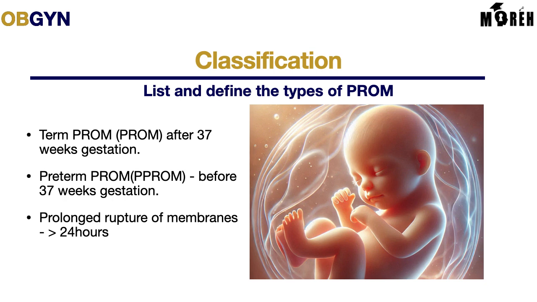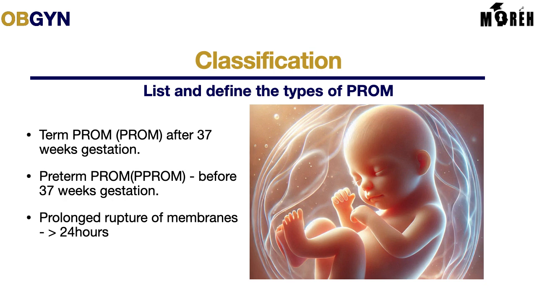This is when there's a spontaneous rupture of membranes before the onset of labor, before term or before 37 completed weeks. If the rupture of membranes has been there for more than 24 hours, it is referred to as prolonged rupture of membranes.